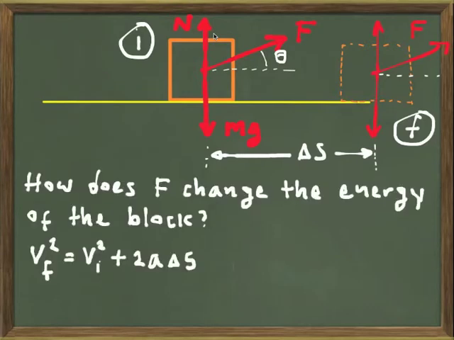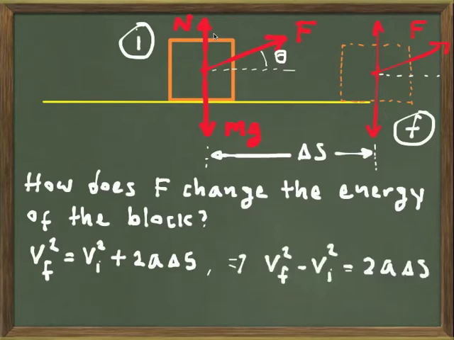The kinematics equation for constant acceleration tells me that the velocities squared are related to each other. In this problem, we have some initial velocity. I didn't specify how much that was. It could be some V_i that is not 0. So this kinematics equation tells me that V final squared minus V initial squared is 2 times the acceleration times the displacement. At this point, you should be pretty familiar with that one.